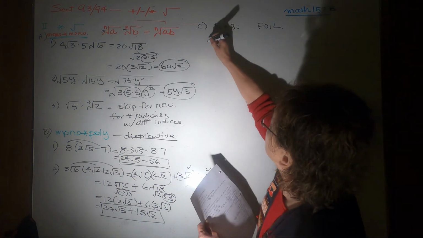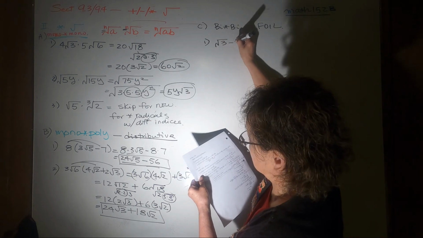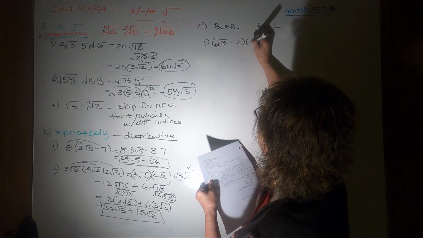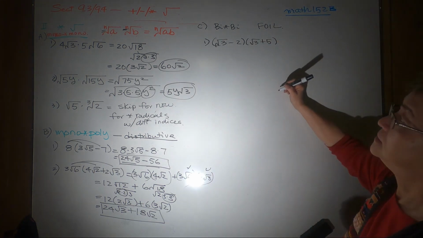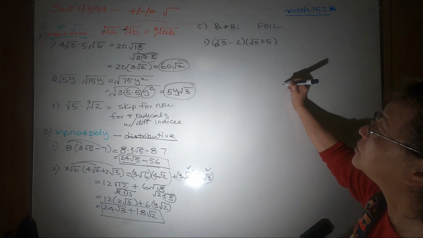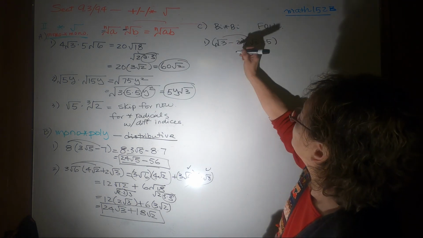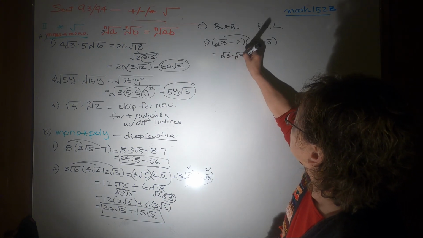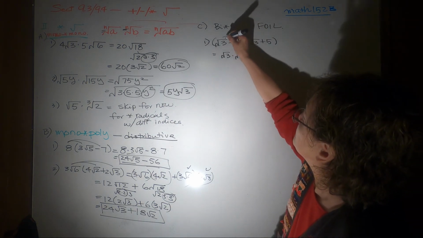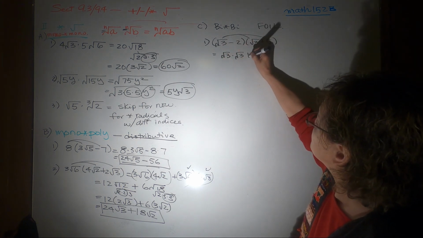Then, let's see. First one, square root of 3 minus 2 times what? Square root of 3 plus 5. Right? So you need to write it out individually. Okay? So first will be what? Square root of 3 times square root of 3. Right? Then outer will be what? Just write it out.